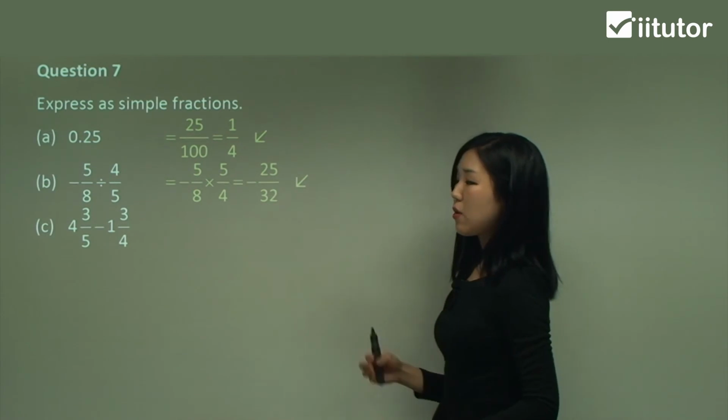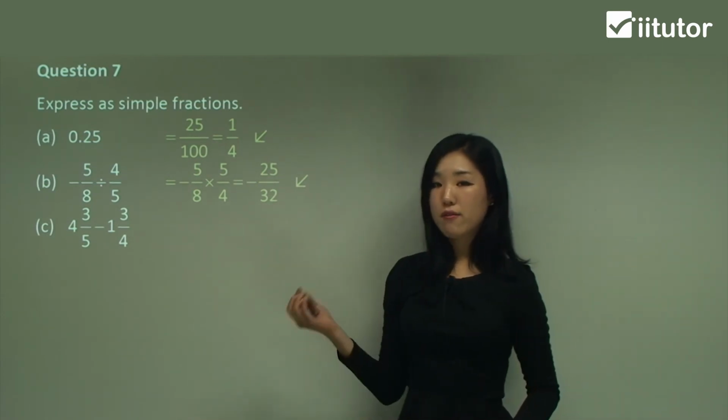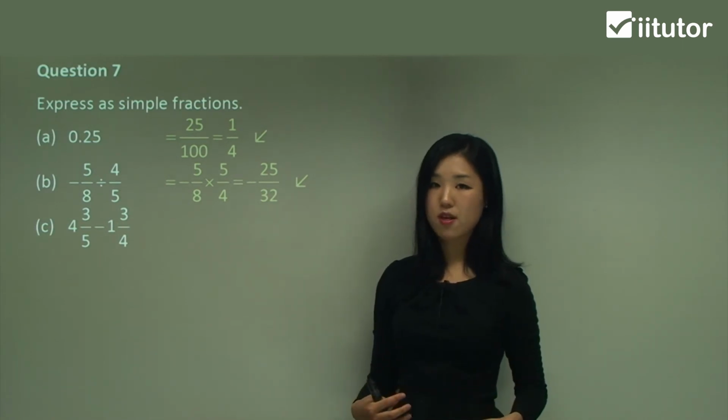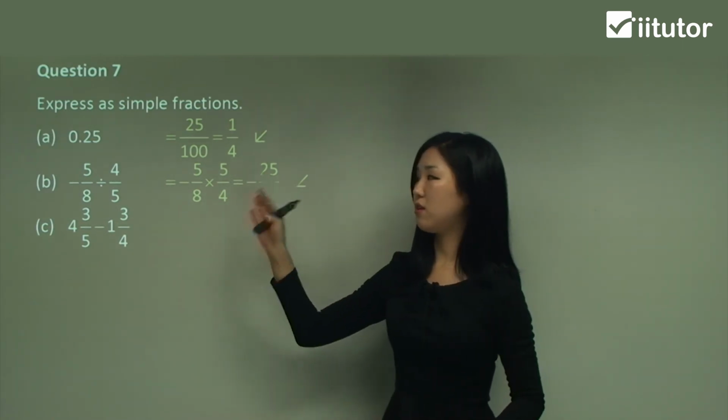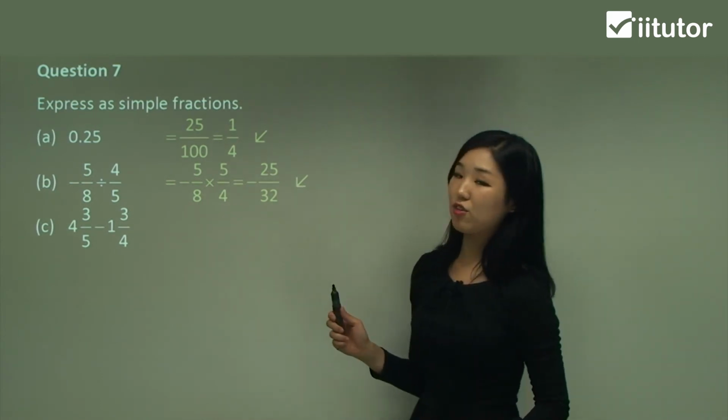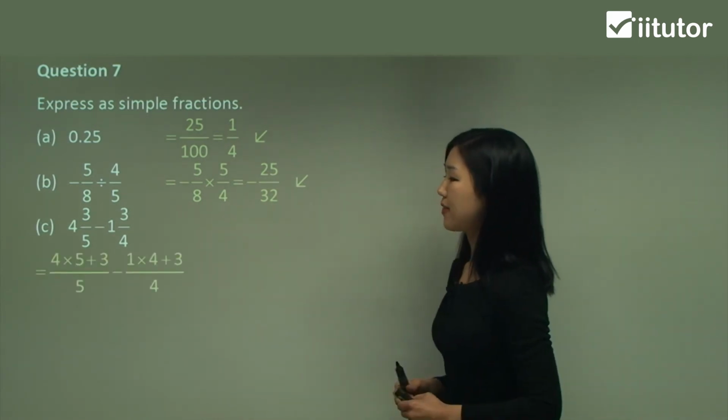Let's do another one. Okay, we've got some mixed fractions now. Whenever you have mixed fractions, I always want you to change them back to improper fractions. In that way, we can do whatever we did in B and A, so we can make it a lot more simple. So first of all, let's change it to improper fractions, like this.